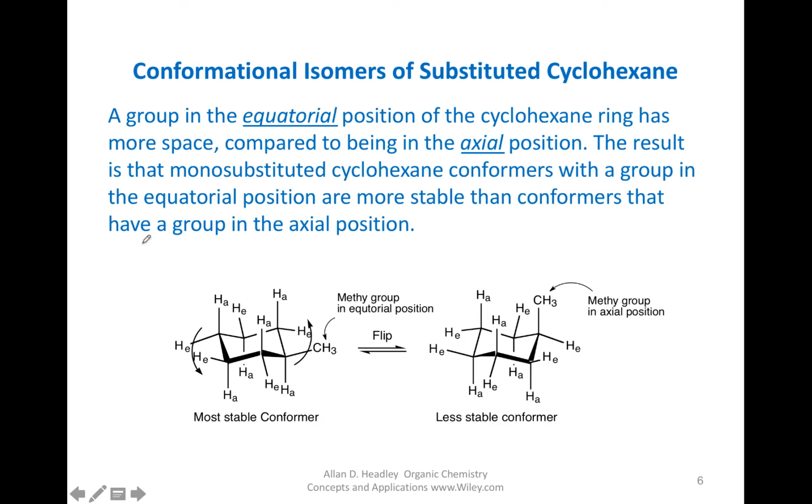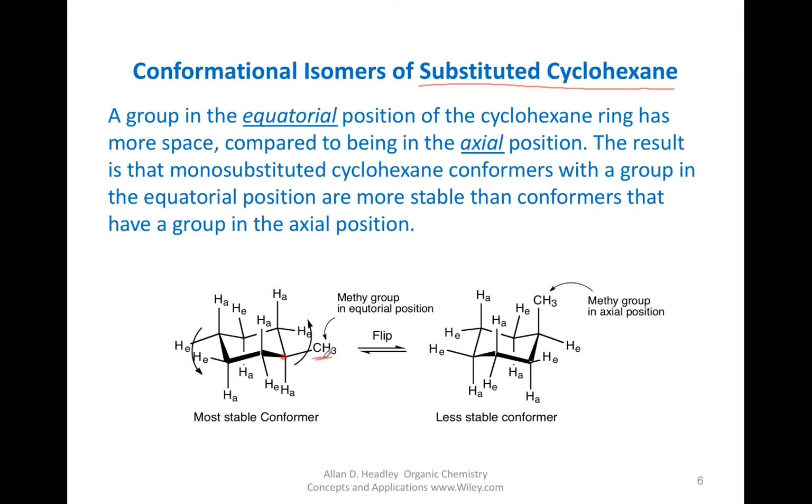So, let us now concentrate on substituted cyclohexane. Let us see which is more stable and which is less stable if we should have a methyl cyclohexane. So notice this is a methyl cyclohexane because all the other carbons here have hydrogens, and this is the only carbon with a methyl group.